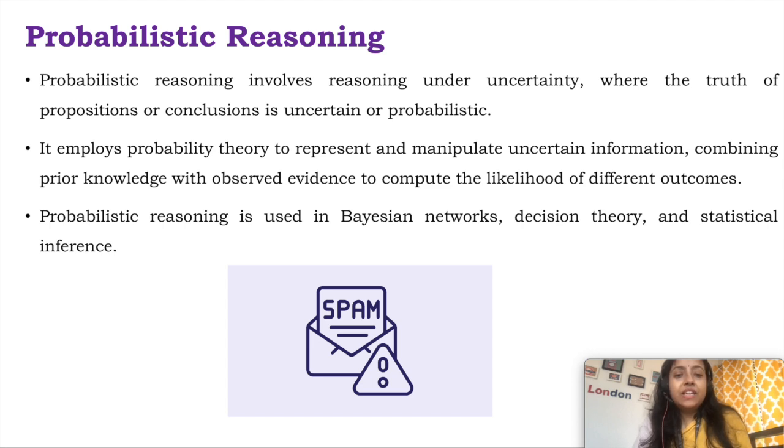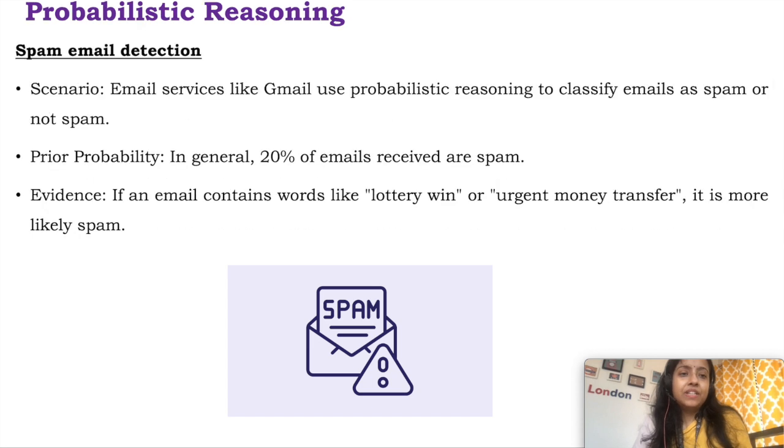As you can see, I have given a diagram of a spam mail here. So we will discuss spam mail as an example. Email services like Gmail use probabilistic reasoning to classify emails as spam or non-spam. In general, 20% of the emails received are spam.